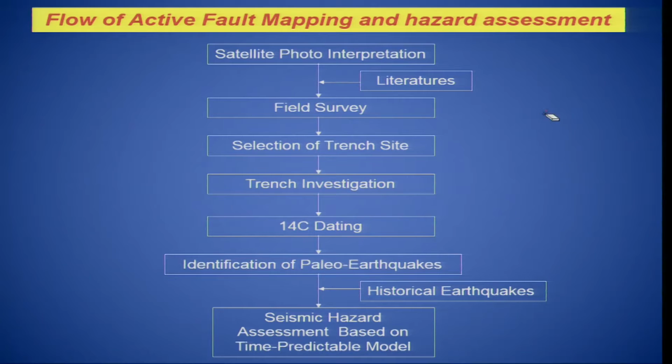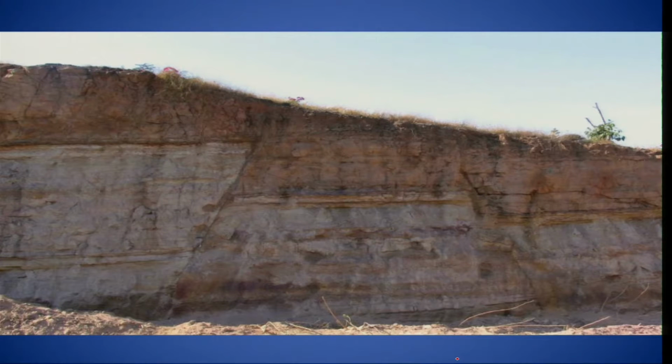Okay. And of course, the location of fault is more important because we should not put any structure on those faults. Okay. This is what I was talking about, that this is from Bhuj area, and the section and the topography both can be seen in this photograph.